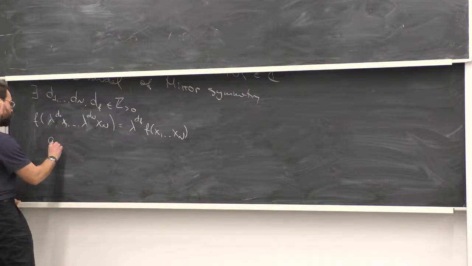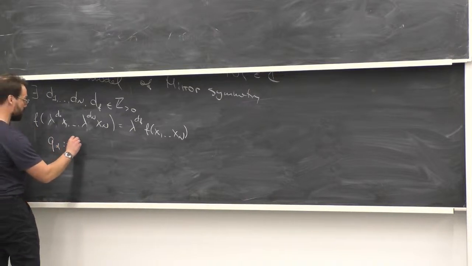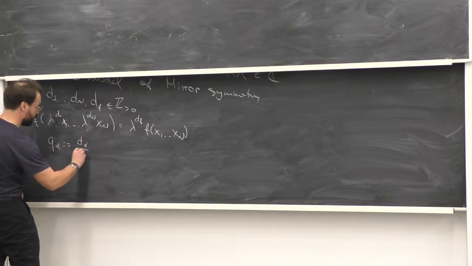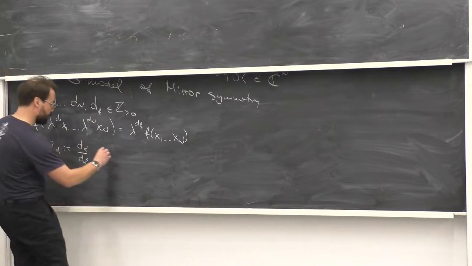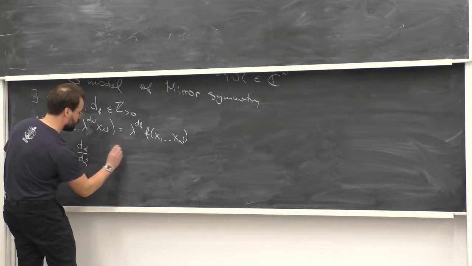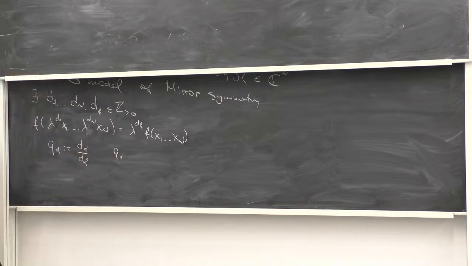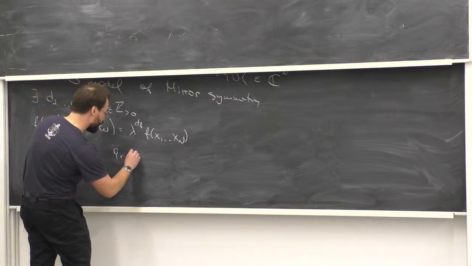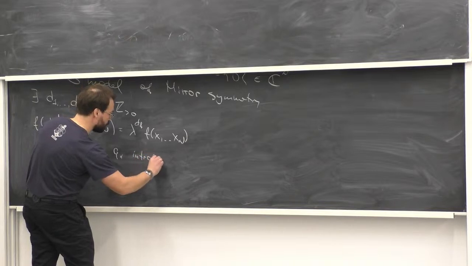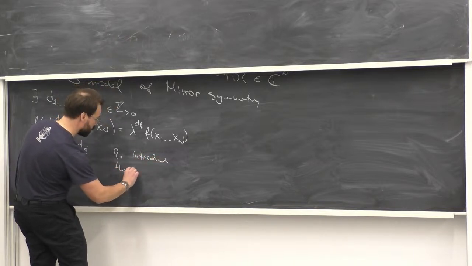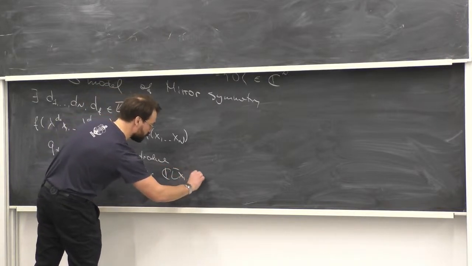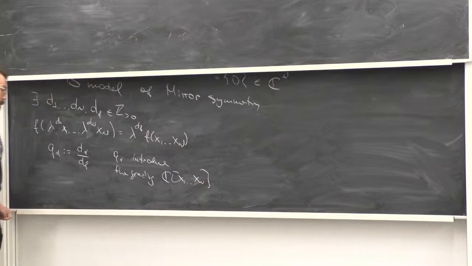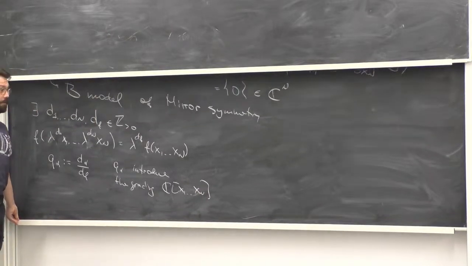In other words, if one introduces the numbers q_alpha equal to d_alpha by df, then these q_alpha are rational numbers, and they introduce the grading of the polynomial ring by non-zero positive rational numbers.